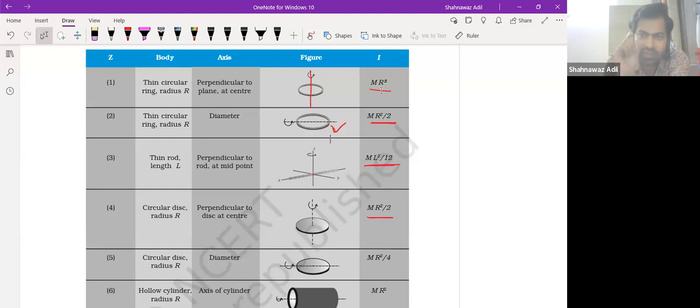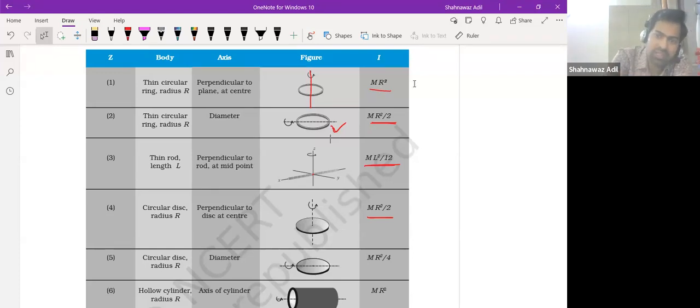So radius of gyration would be what in one of these? Is that velocity, intensity, current, time, mass? If I say radius, what is that? Length, right? So radius of gyration would be a length, a distance.